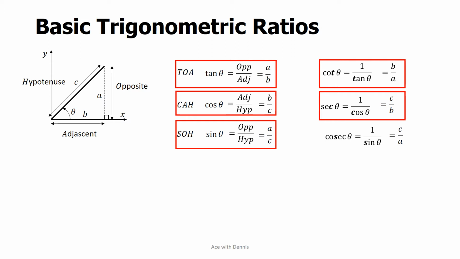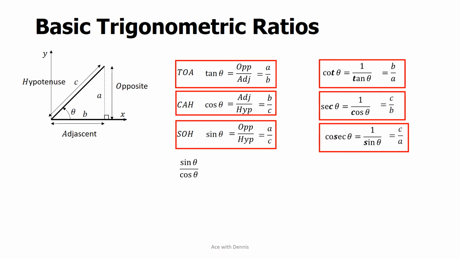For cosecant theta, the third letter is S, therefore it equals 1 over sine theta. So by looking at the third letter, you know which trigo ratio's reciprocal it represents.